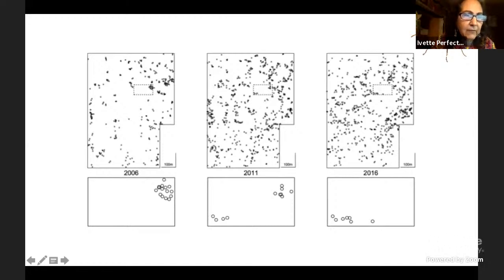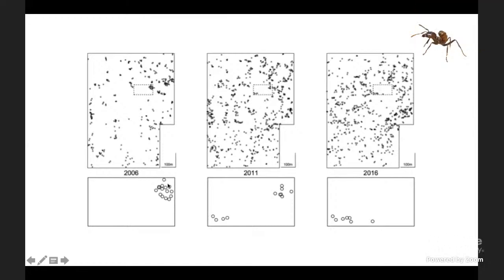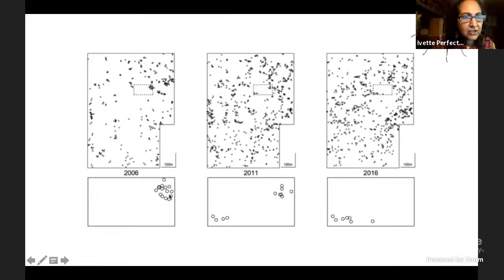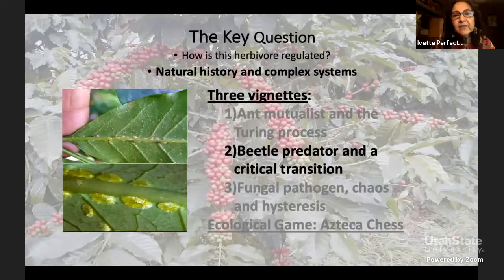Here in 2006, we have this very dense cluster. Then in 2011, that cluster is getting a little bit smaller, but then you have the appearance of a cluster here. And then in 2016, that cluster completely disappeared, and then this cluster is beginning to grow. So it's a very similar dynamic. The system is very dynamic. Okay, so that's one of the vignettes.